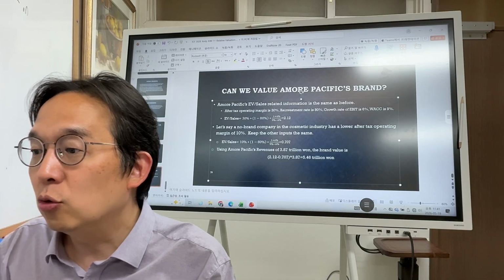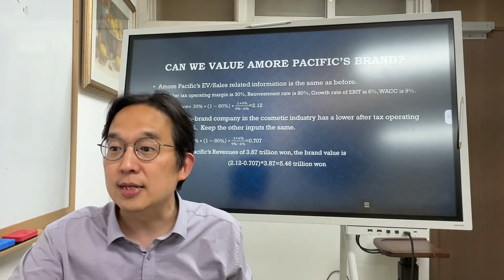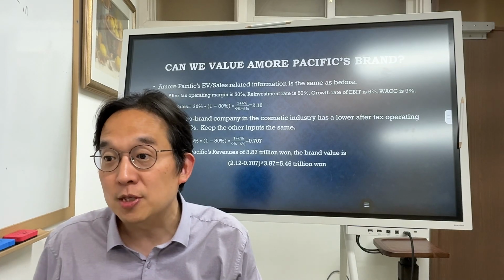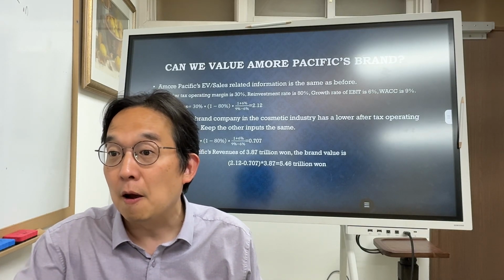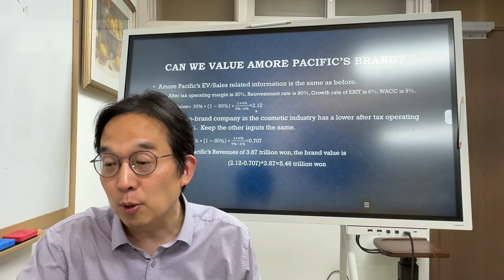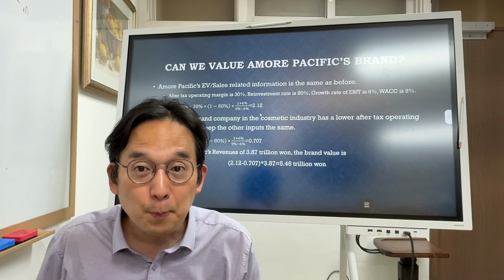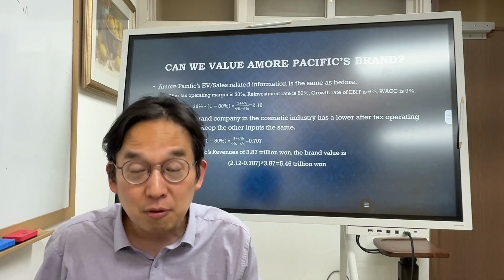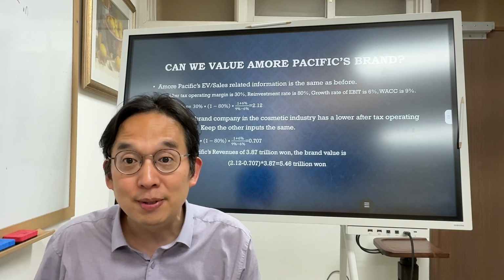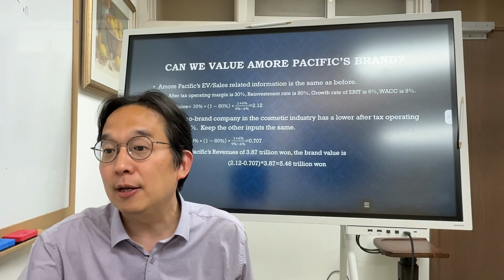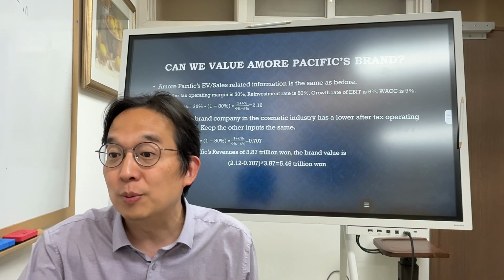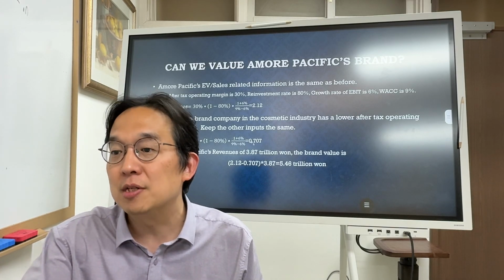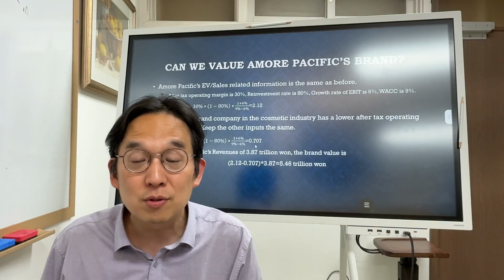So what I do here is show you the EV to sales ratio of Amore Pacific using our assumptions. EV to sales of the branded company is 2.12. What about a generic company? They cannot charge a higher price because they don't have brand equity, so the profit margin will be worse. Let's assume the operating margin to be 10%, and the rest of the variables are the same, then the resulting number will be 0.707.